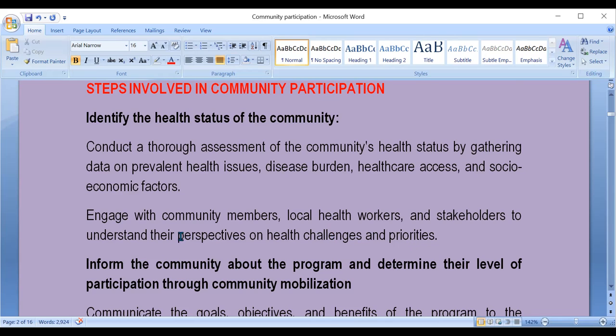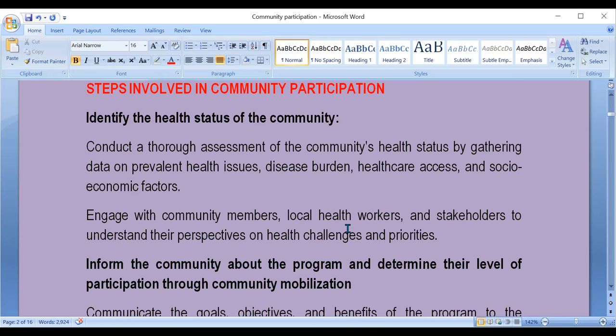So you will have to engage with the community members and local health workers. When we say local health workers, that's health workers that are resident in that community. You can find the JCHEWs, Junior Community Health Extension Workers, in the Nigerian context. You can find the community extension workers, the community officers, the resident doctors, the community midwives, and environmental health officers that are resident in that local area.